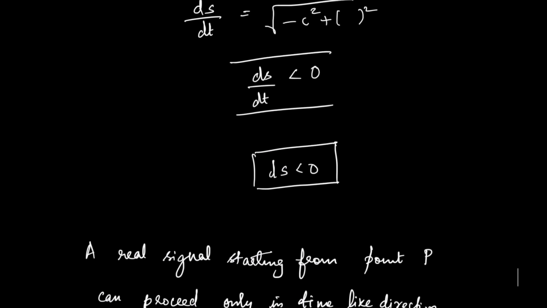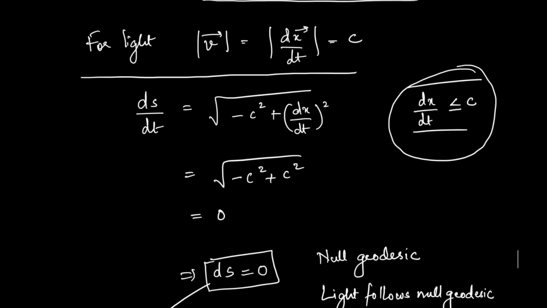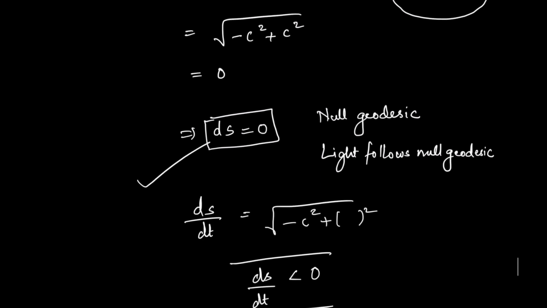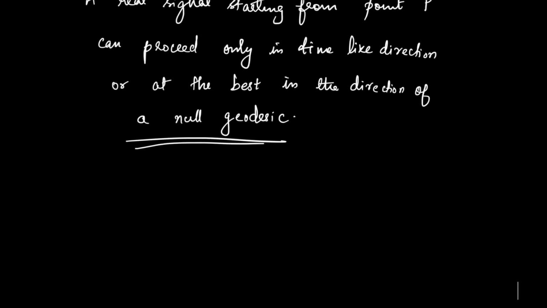Because dx by dt can be less than or equal to c. The velocity can never be greater than the speed of light. Therefore, we can conclude like this. So this is all about geodesics. So today we'll stop here.